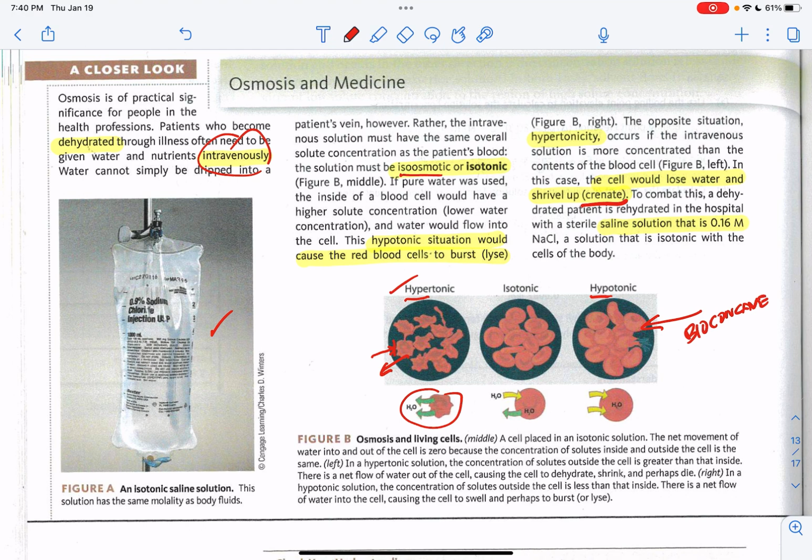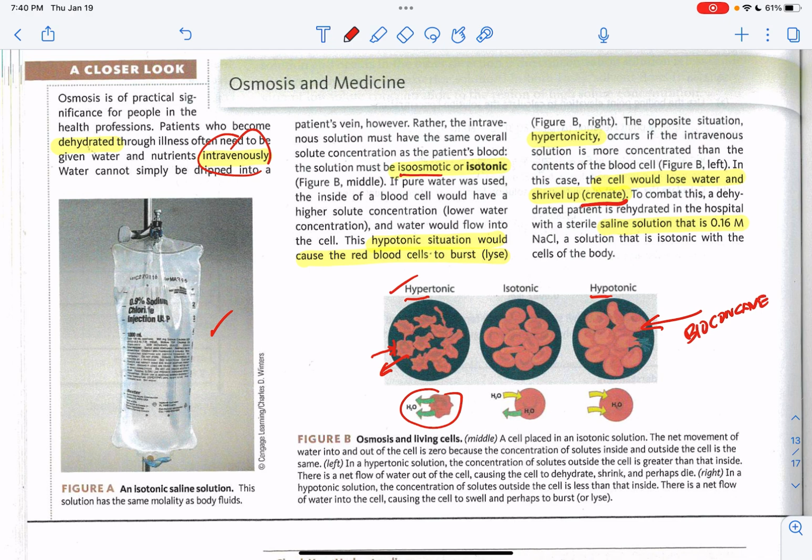Meanwhile, hypotonic means that you have a higher concentration of water outside the cell and a lower concentration of water inside. Or another way of saying it is that inside the cell you have lots and lots of particles like proteins that have been made by the DNA, which would not be true of red blood cells because red blood cells don't have a nucleus, therefore they don't have DNA, therefore they don't make proteins.